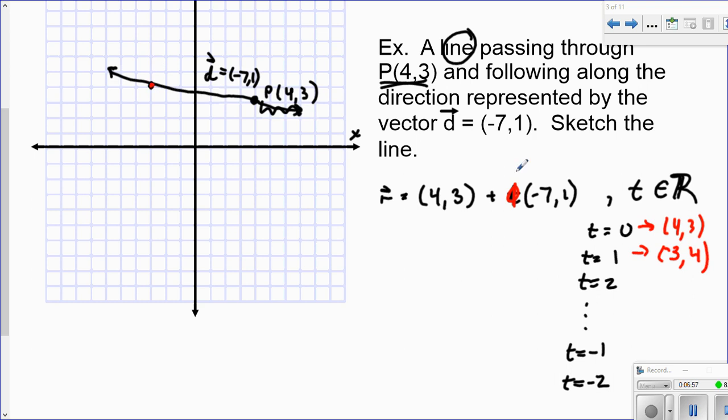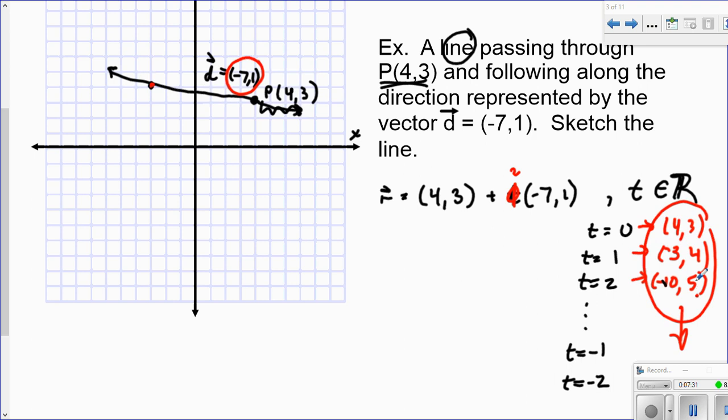When t equals 2, I'd replace a 2 in here, so I'd have 4 plus -14, which would be -10, and then 3 plus 2 is 5. If you notice, that would be the next point over here, so another increment of -7 and 1. This is really slow, but if you really pay attention, you notice that these points are going down 7 units in the x component and going up 1 in the y component.